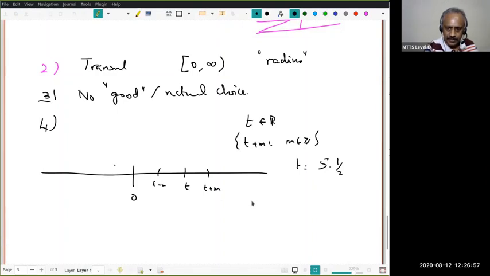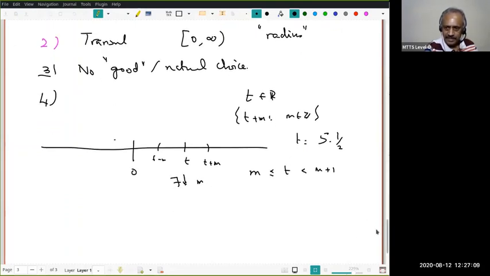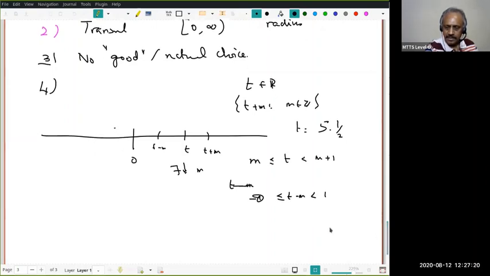From analysis, you know there is a greatest integer m such that m is less than or equal to t, less than m plus 1. There is a unique m so that this happens. Therefore, if I take t minus m, then 0 is less than or equal to t minus m, less than 1. Notice that this is also in the orbit. Therefore, as a unique choice for this orbit, I can choose t minus m. That means any t can be written as s, where 0 is less than or equal to s, less than 1.